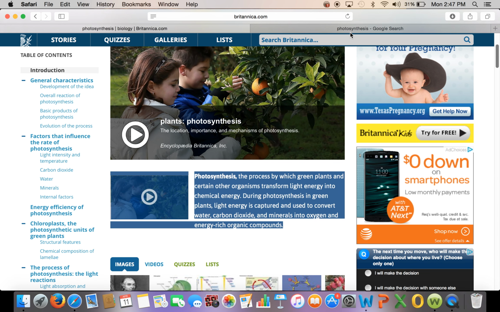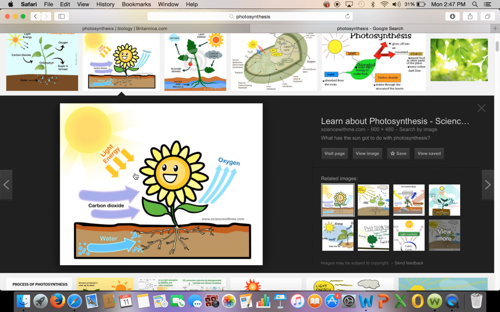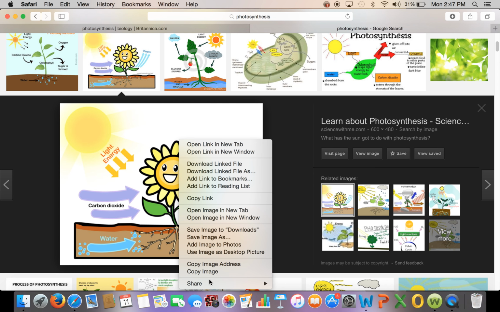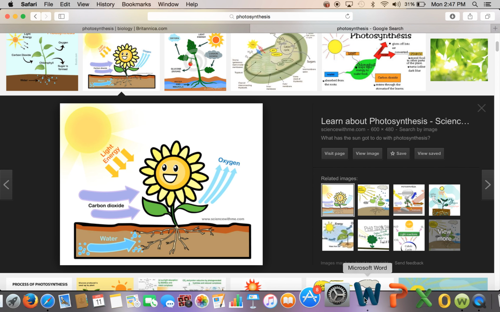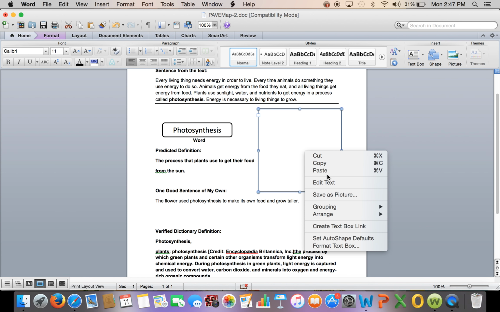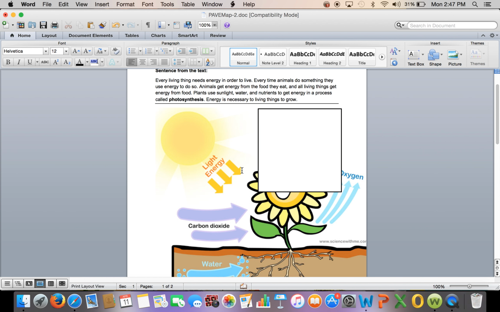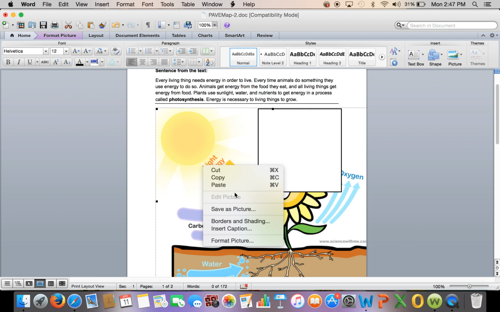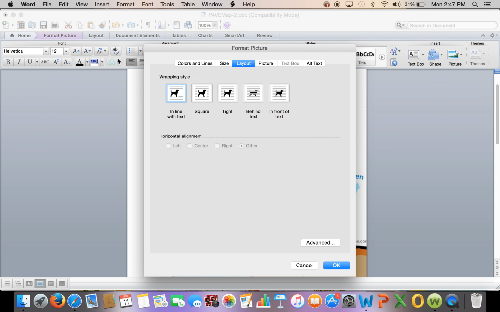Since I can't draw on this, I'm just going to look up a picture. This is a pretty good picture of photosynthesis because it shows a plant using energy from the sun and carbon dioxide and water, and then converting it into food and putting off oxygen. So then I'll just put this on my paper as well, and we'll make it smaller.